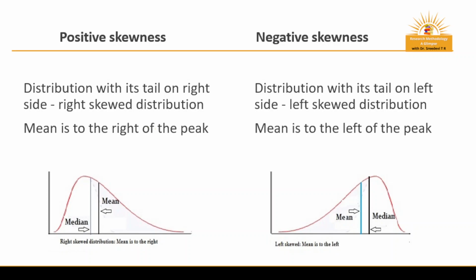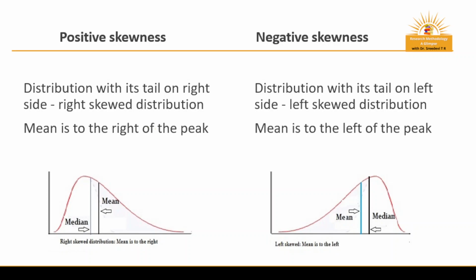In negative skewness, distribution with its tail on left side, mean is to the left of the peak. In positive skewness, mean is more than the median and is present on the right side of the median and mode. The peculiarity is the tail of the distribution is towards the higher values.